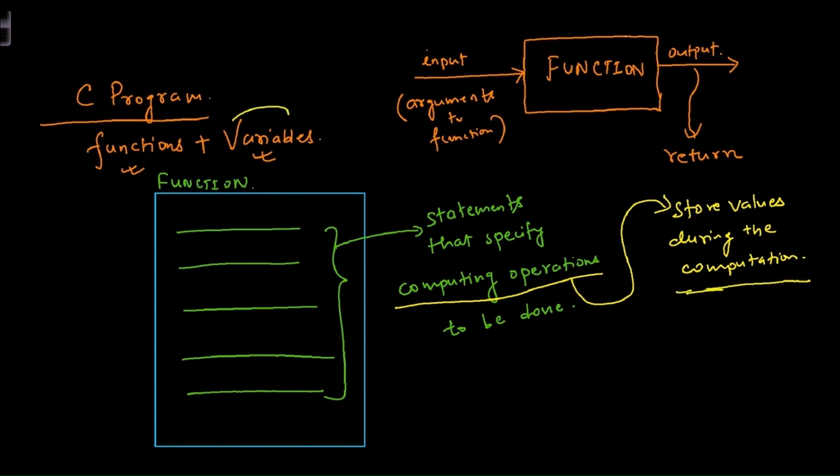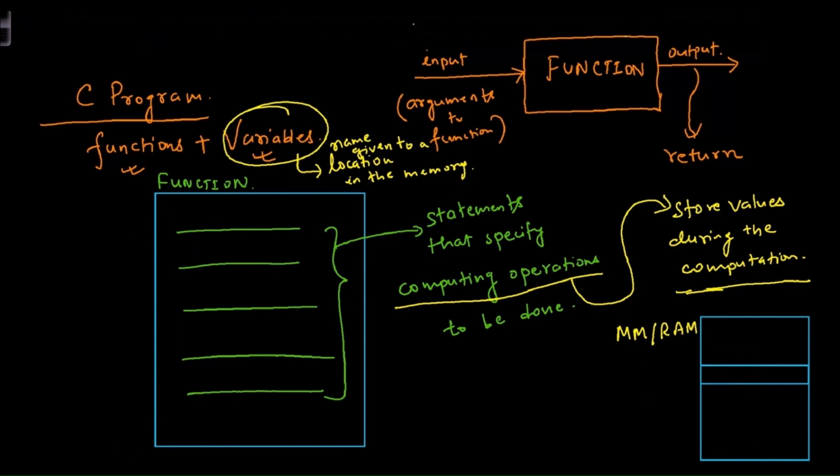Variables are used for that. So a variable is basically a location in the memory. Basically, variables are a name given to a location in memory.